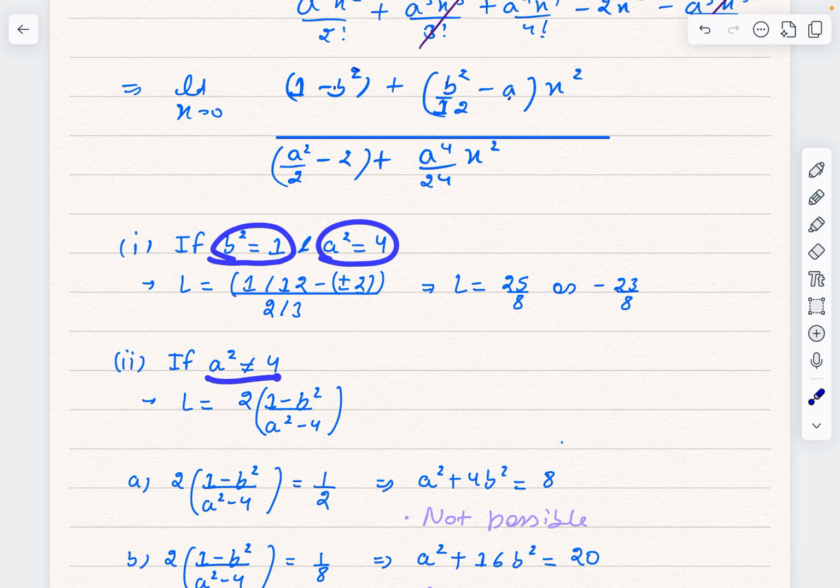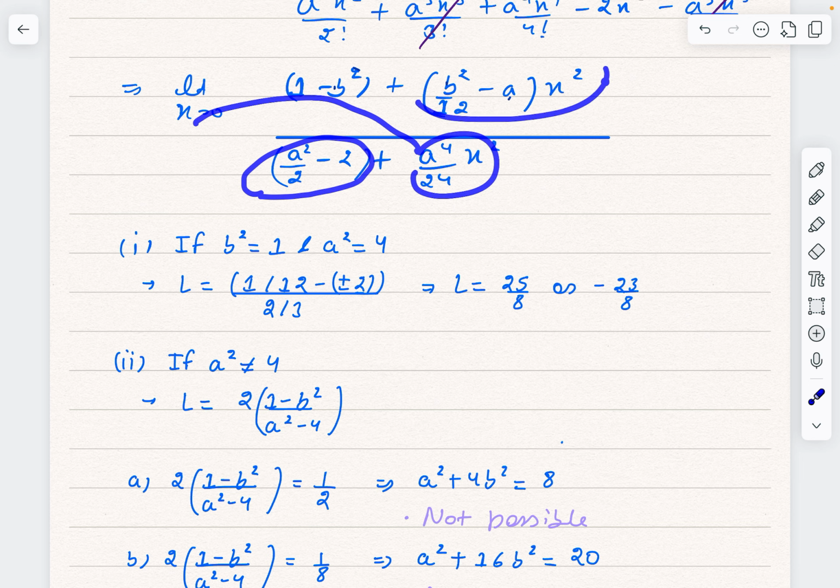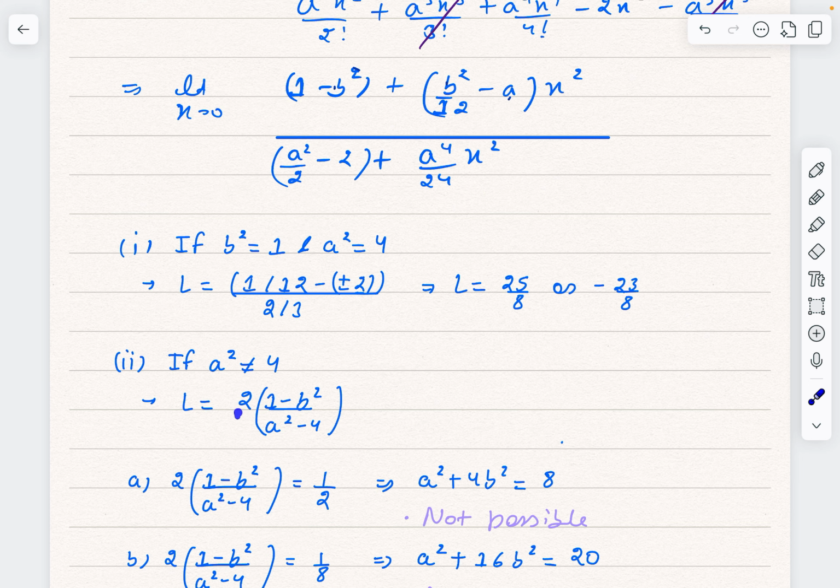Second case, if a² is not 4, then this thing will not be 0. If this thing is not 0, we can put x as 0, this will become 0, this will become 0, and the limit will come out to be just 2 times (1 minus b²) by (a² minus 4). If the constant gets cancelled out, then we come to this x² term.